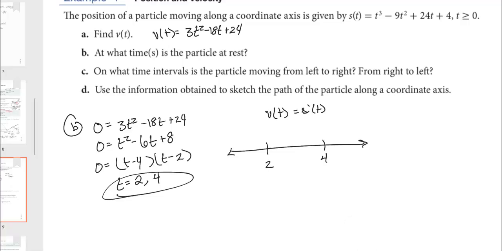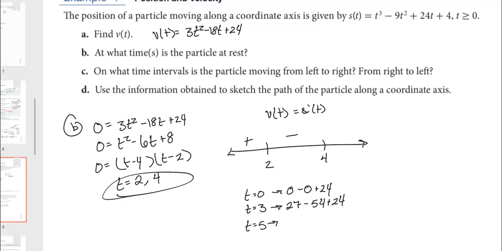So let's plug in 0. If we plug in 0 into that derivative, we're going to have 3 times 0 squared, which is 0, minus 18 times 0, which is 0, plus 24. So we're going to have a positive. If we plug in something like 3, we're going to have 3 times 3 squared, minus 18 times 3, plus 24. So that's going to be a negative.